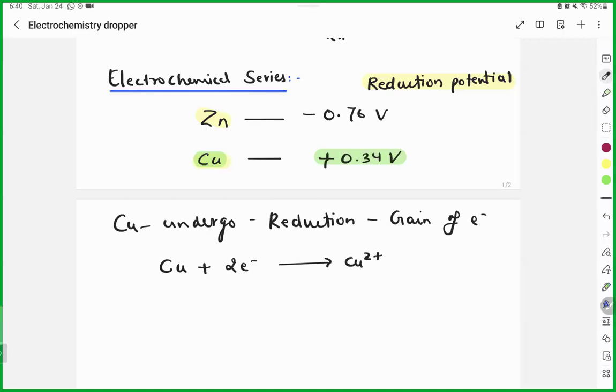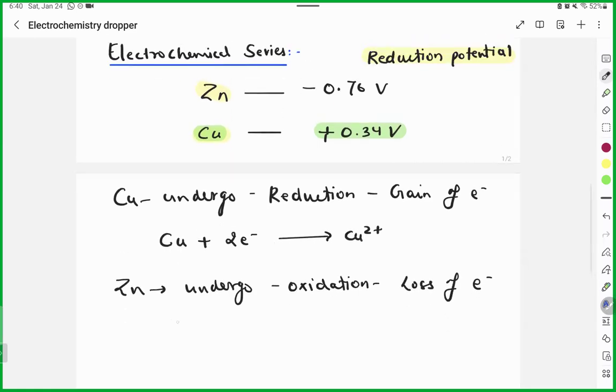Zinc has a low reduction potential value, so zinc will undergo oxidation, and here we have loss of electron. It means zinc will undergo oxidation by losing 2 electrons. Got it? So that is what tells us which element will undergo oxidation and reduction.